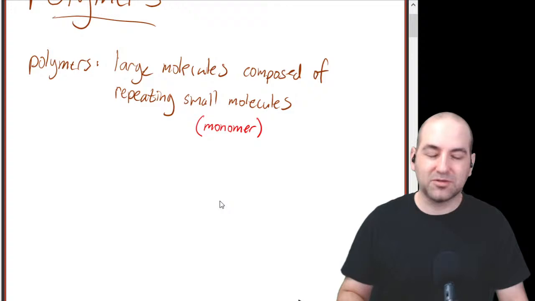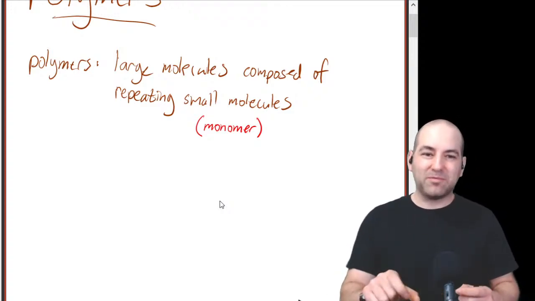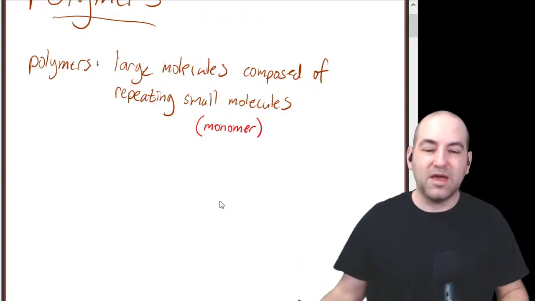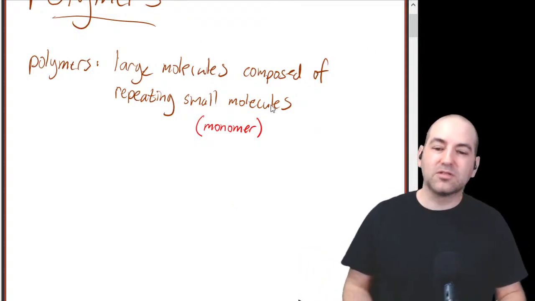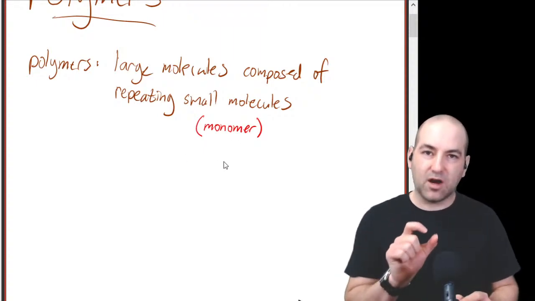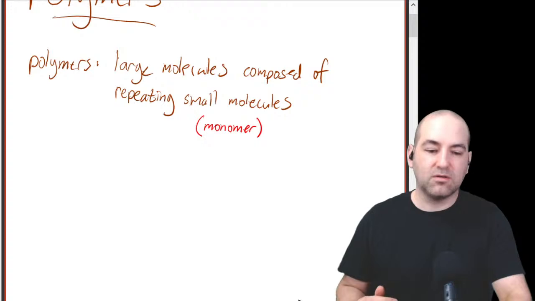I'm not calling Legos children's toys. I know lots of people like Legos. But something like that, where you take one small piece and you just kind of keep connecting it over and over and over again until you make something very big. If you do that with molecules, you have what we call a polymer. So the monomer is that first little thing that you start with, and then the polymer is the large thing that you end up with after you've connected this thing to itself a bunch of times.